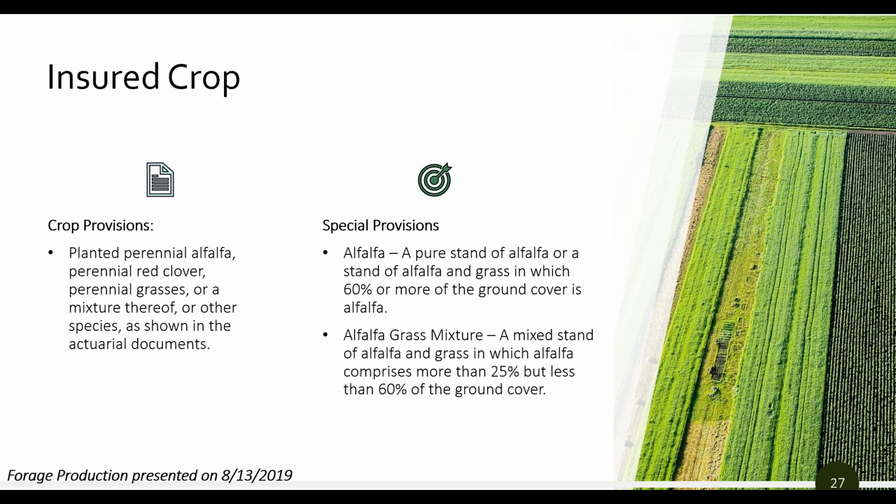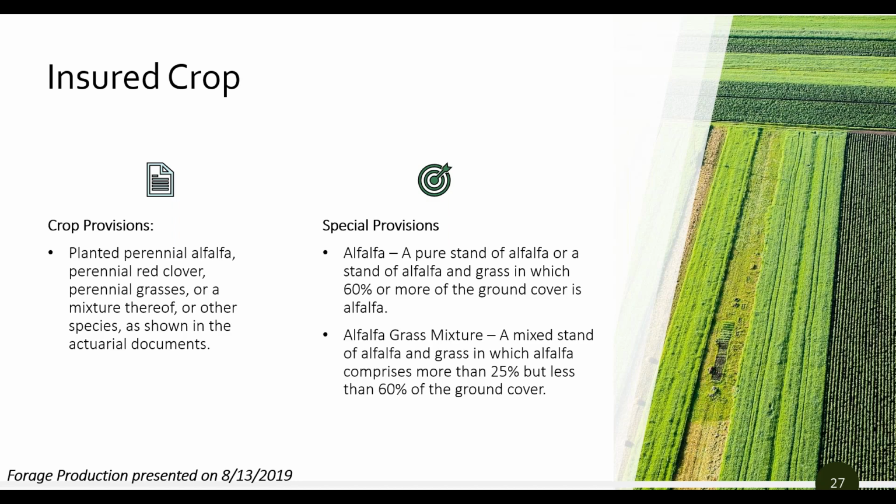But for Pennsylvania specifically, the special provisions override the crop provisions, and it states that we have 2 types insurable: alfalfa, which can be a pure stand of alfalfa, or a stand of alfalfa and grass in which 60% or more of the ground cover is alfalfa, or the alfalfa grass mixture, and that's the mixed stand of alfalfa and grass in which alfalfa comprises more than 25% but less than 60% of the ground cover.